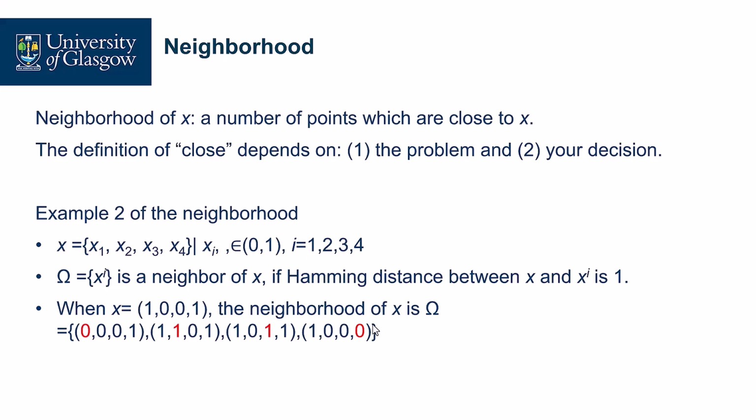These are the neighborhood of (1, 0, 0, 1). The problem itself makes sure that this is binary. This neighborhood definition is okay with a binary representation of the solution, and my decision is only that the Hamming distance is 1, right? So we use a flip, then we generate a neighbor.